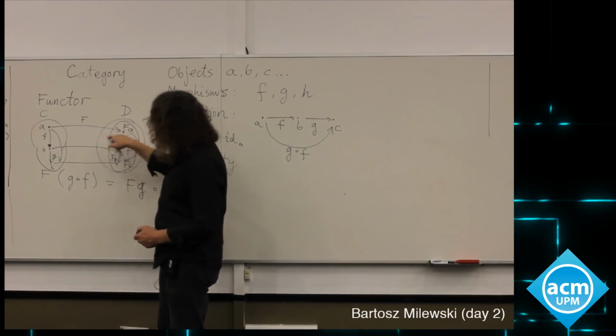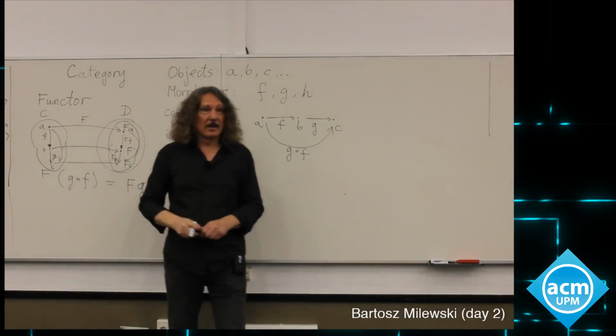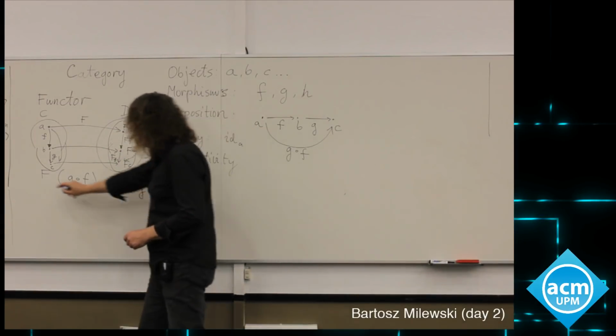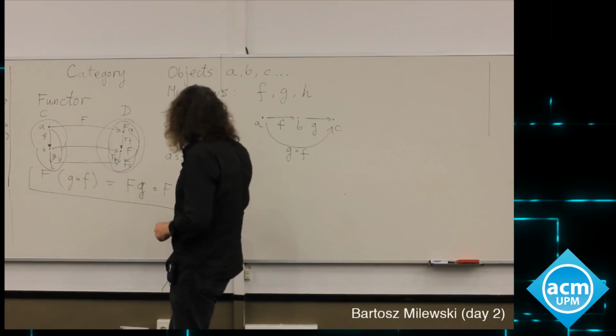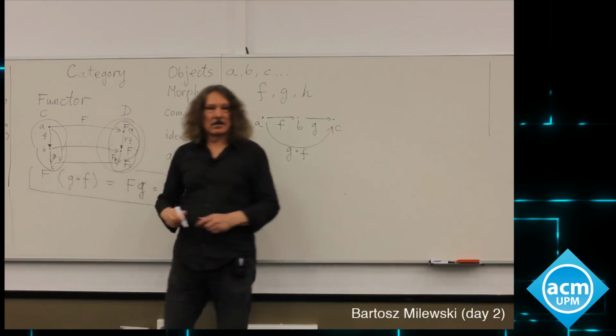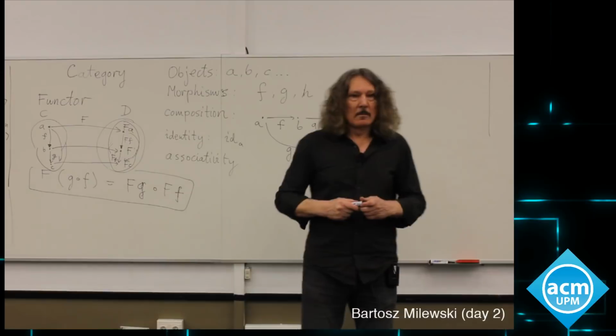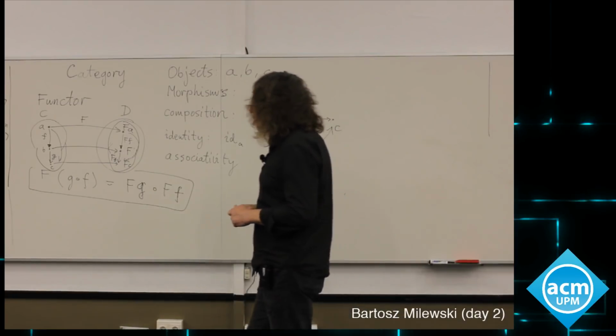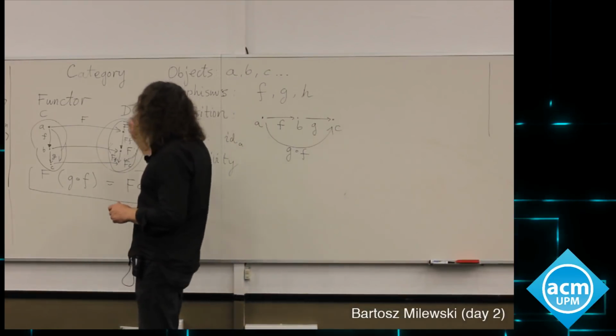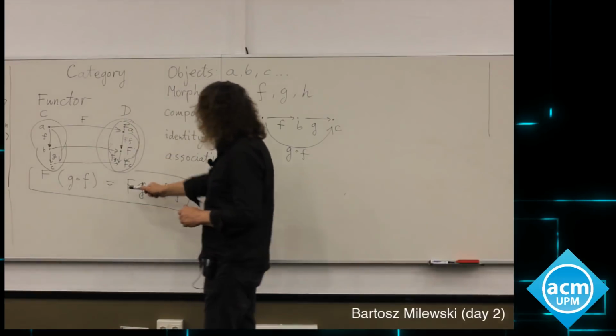And these two arrows should be the same. So this is preservation of composition. So a functor must be such a mapping that preserves composition.